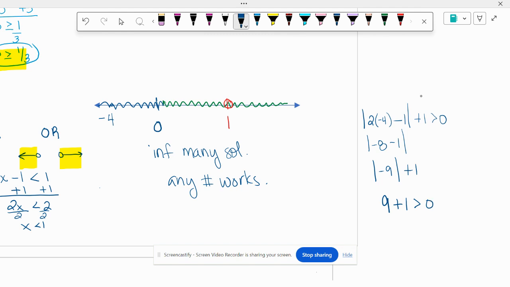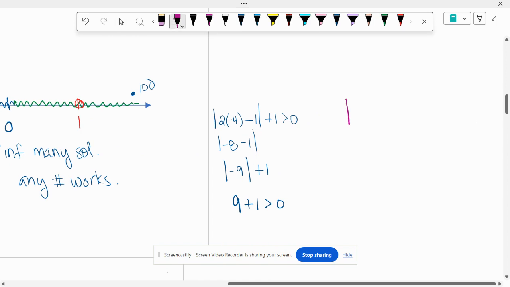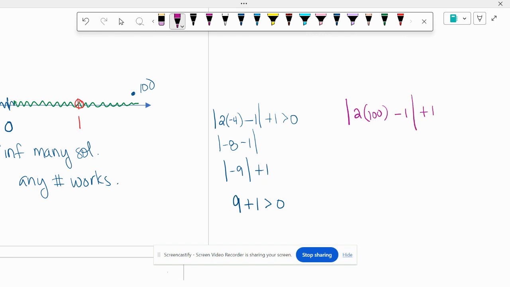What if I choose some really big number that's greater than 1, like 100? What if I let x equal 100? Well, let's check that, okay? So that's the absolute value of 2 times 100 minus 1, plus 1, has to be greater than 0.